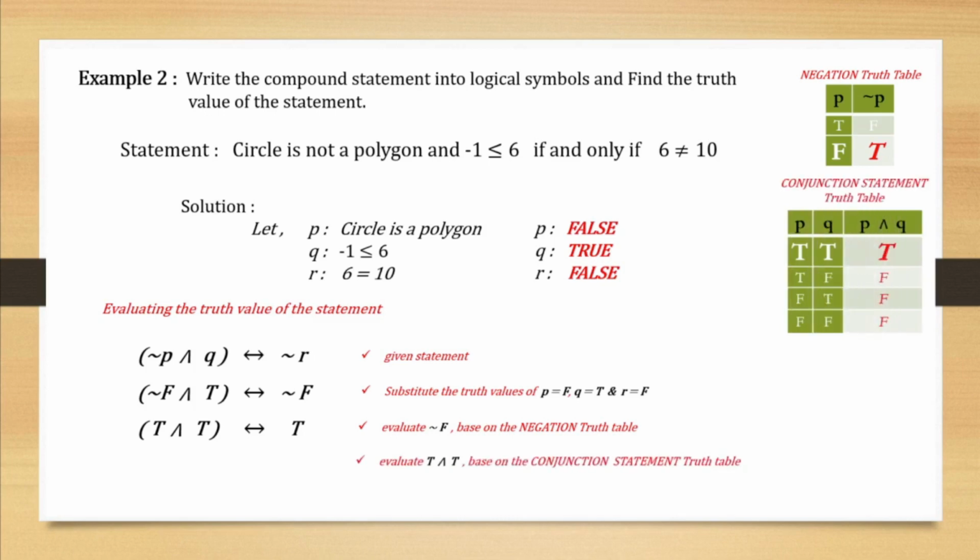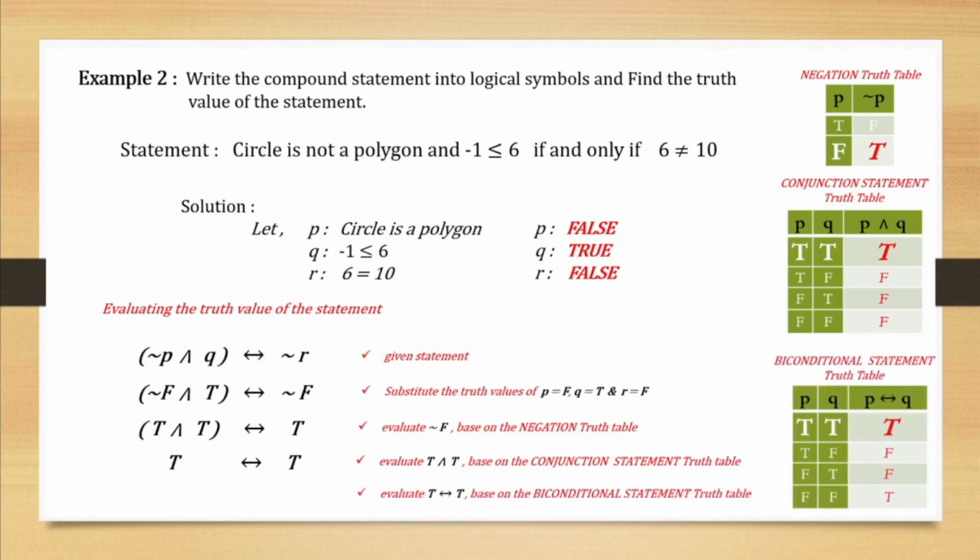So as we are going to evaluate now the conjunction of both true based on the conjunction statement truth table, when P and Q are both true, the conjunction of P and Q is true. So as we are going to update our statement, it becomes true if and only if true.